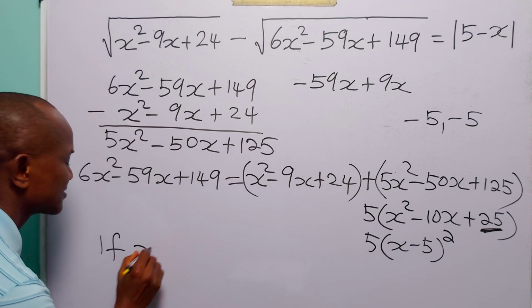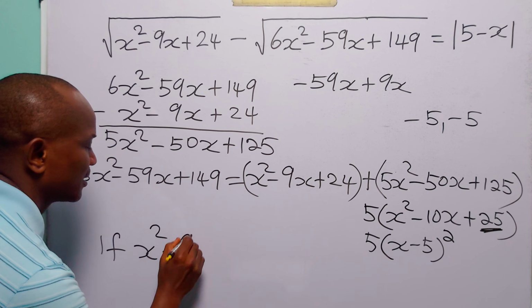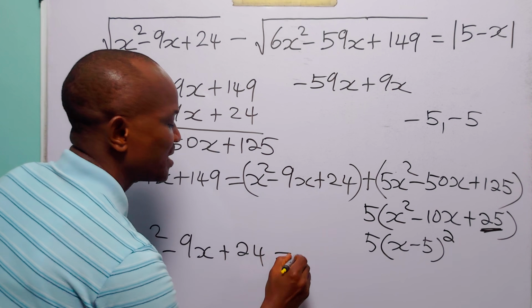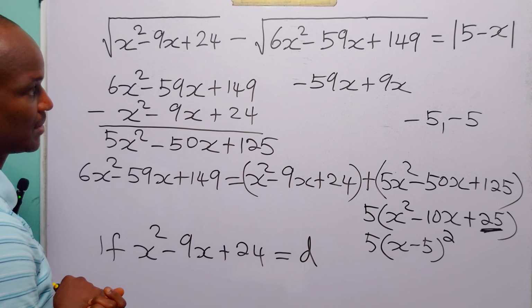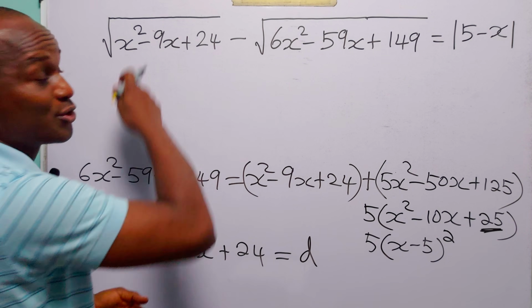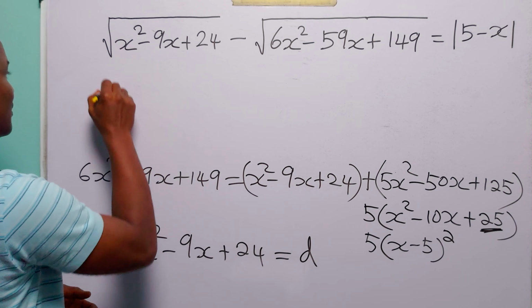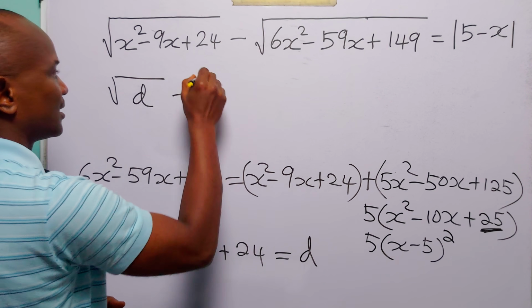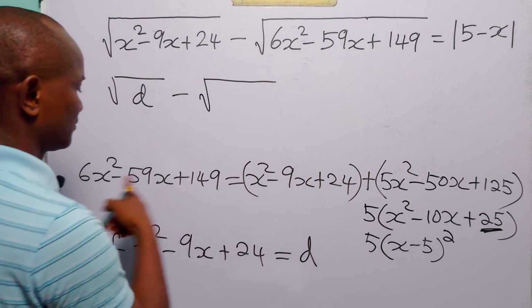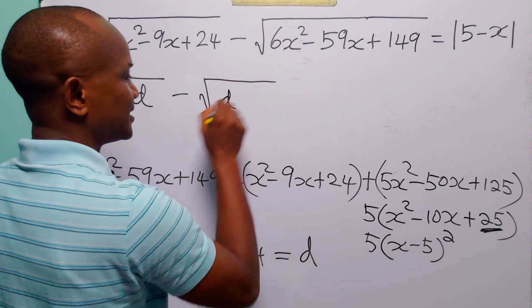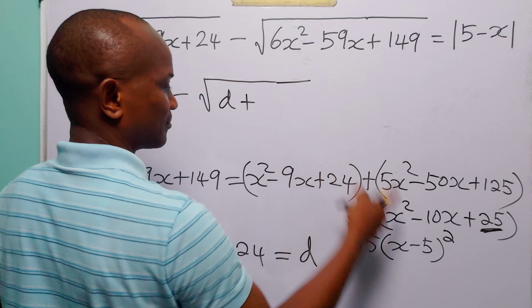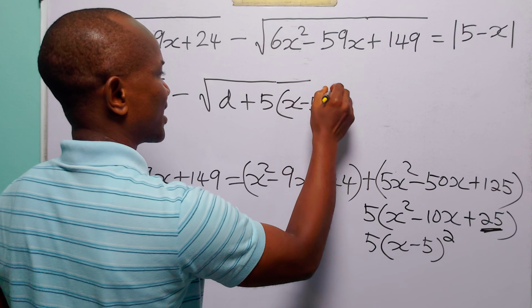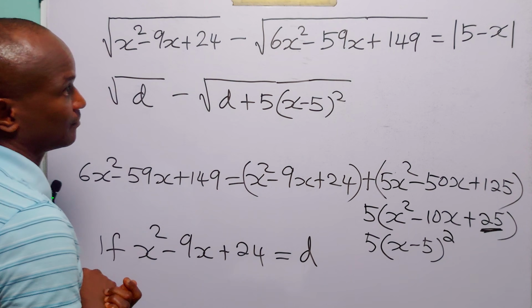Now, this simply means that if this, that is x squared minus 9x plus 24, is replaced with the letter d, then we can write the original equation as the square root of d minus the square root of d plus 5 times x minus 5 squared.